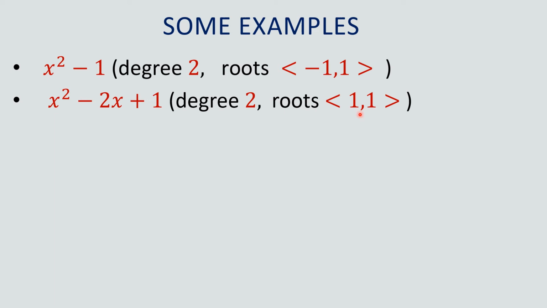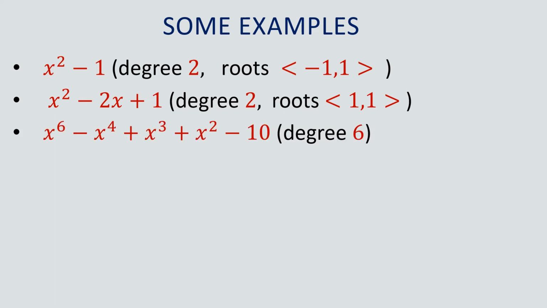I'm not going to talk in depth about multiplicity. Again, if we raise x equals 1 to the power 2, 1 squared is 1. We subtract 2 times 1 from that, we get the outcome -1. We add 1 to that result, we get the result 0.